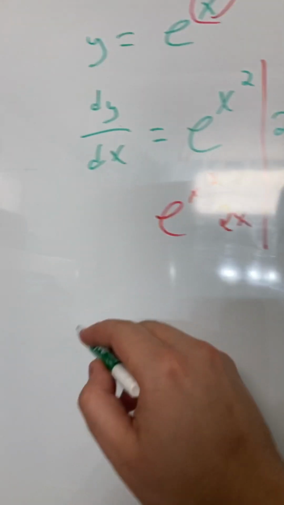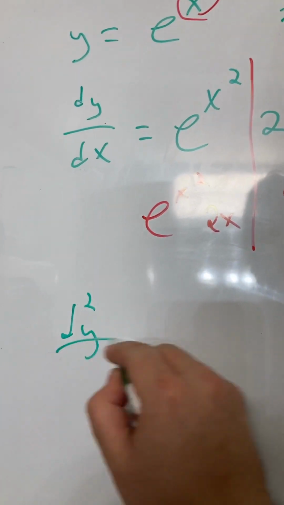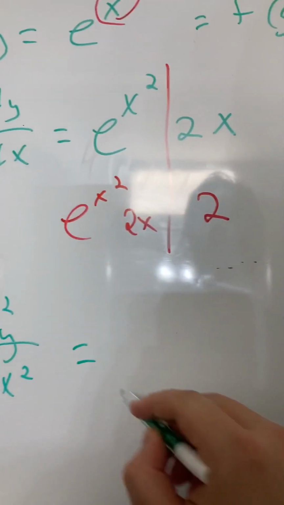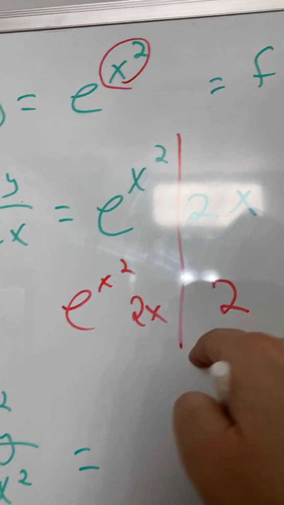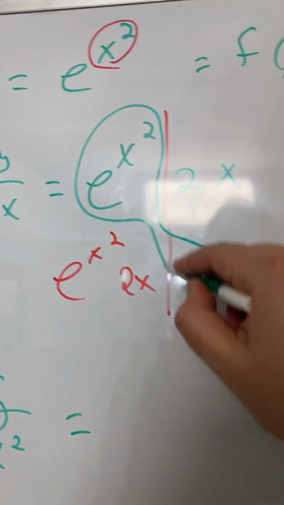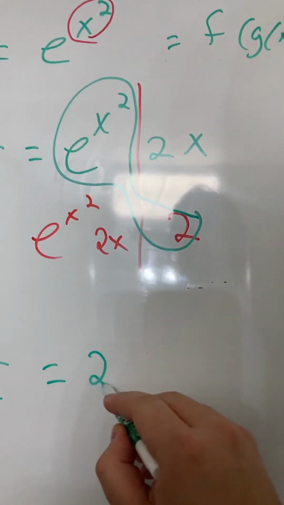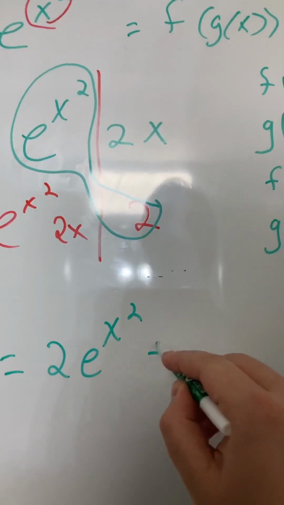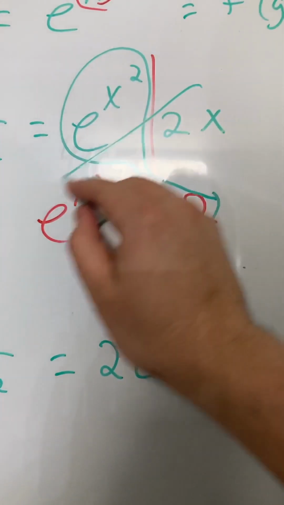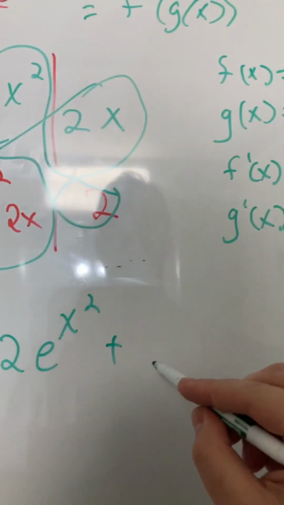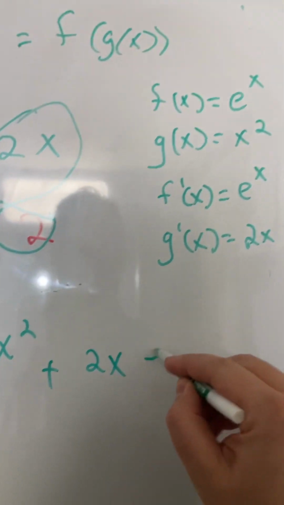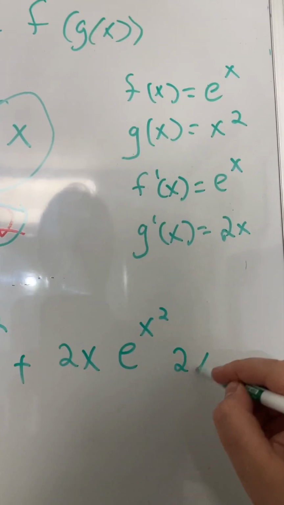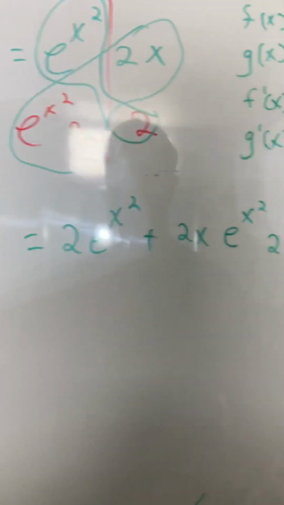So now d squared y dx squared equals, I'm going to mix and match here, 2 e to the x squared plus, and I'm going to be a little bit messy, 2x e to the x squared 2x. And because I'm a fancy boy, I'm just going to get a little stylish.